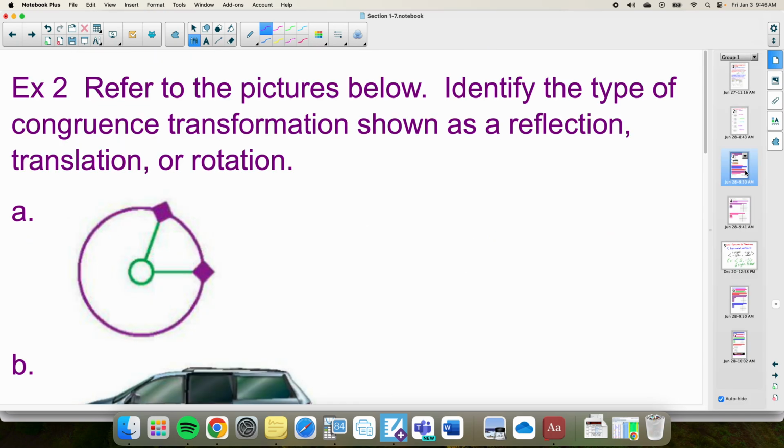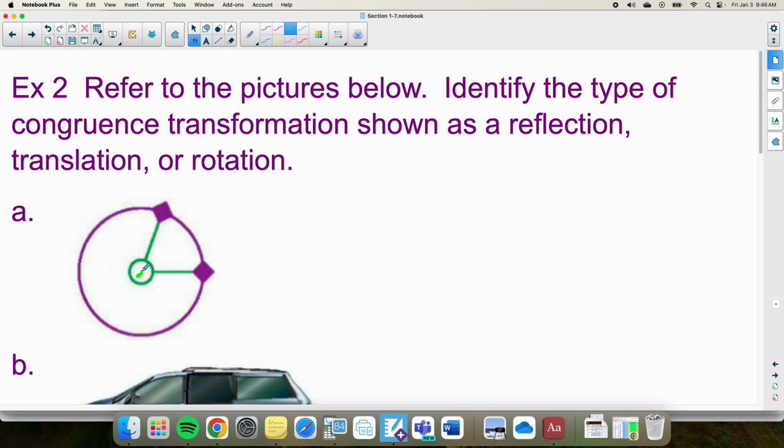Now, if we go to this page, they just want us to state what this would be if I took this and moved it to there about this point. What do you think that would be? This one's a little bit harder, but when you have a rotation, you always do it about a point and a certain amount of degrees.